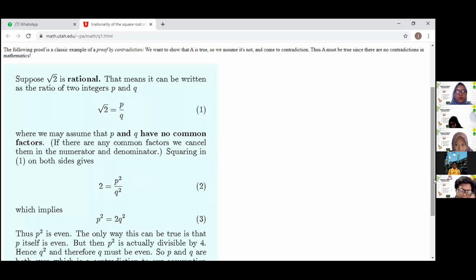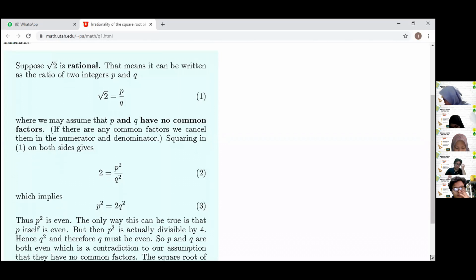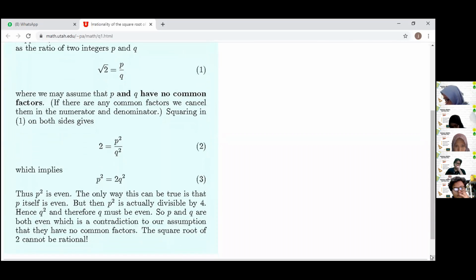Okay, Fahri, I will try to answer your question. But before that, I'm sorry if my answer is still wrong or there are any faults. On this website it is written that the square root of 2 is irrational, and this is the proof why the square root of 2 is irrational. What is the name of this proof?